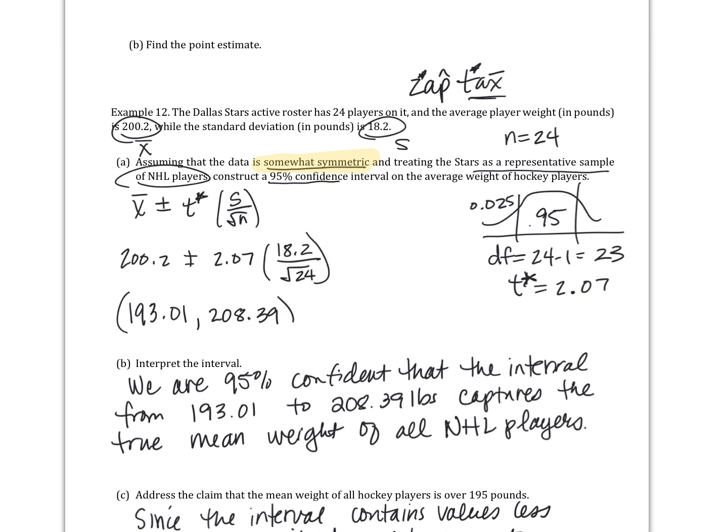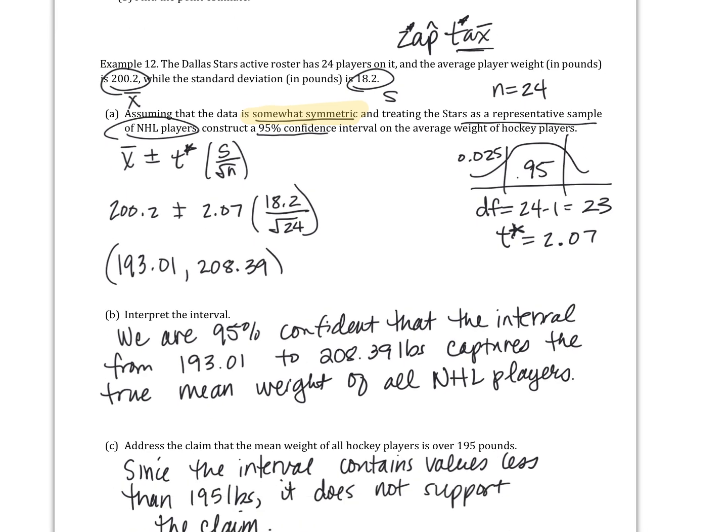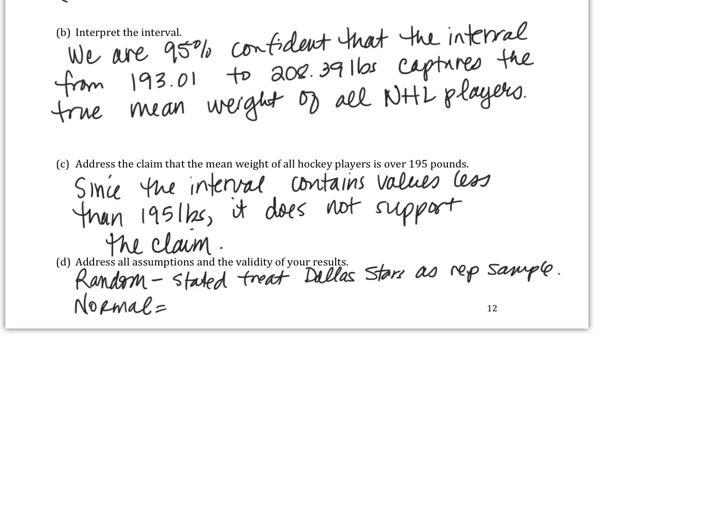We just need to reference that when we validate the conditions. So we would say, stated that sample is roughly symmetric. Okie doke. That's how you would work through one of those questions.